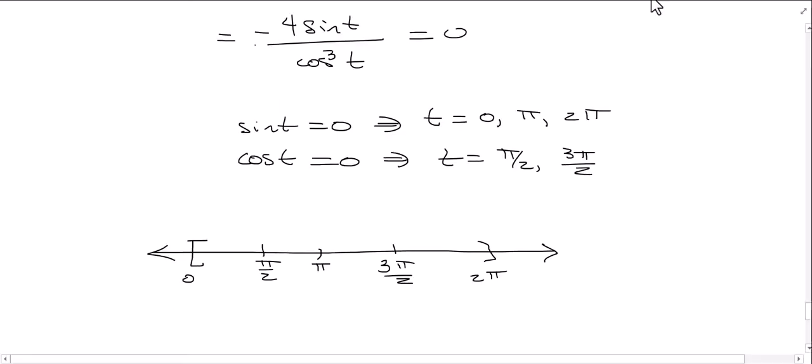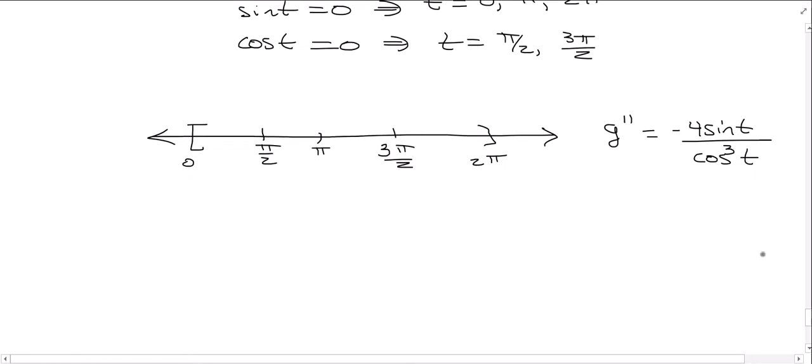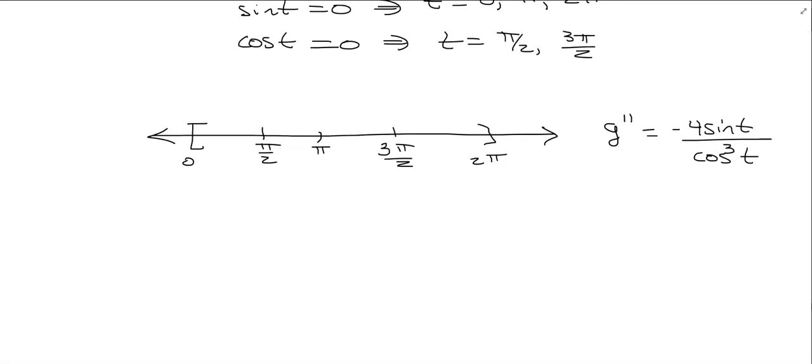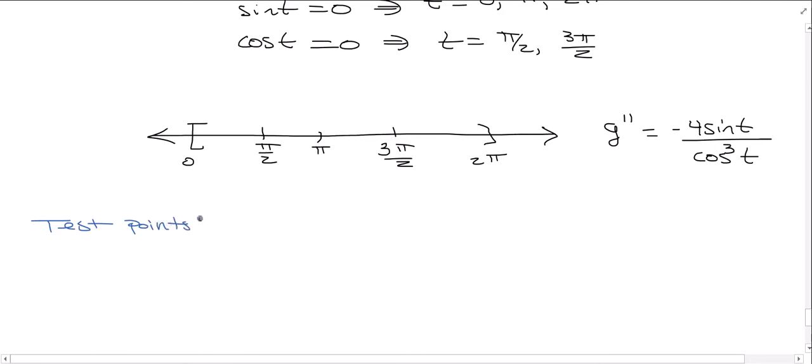And we are testing the second derivative. So g double prime is negative 4 sine t over cosine cube of t. Make sure I've written it correctly this time. And so now let's pick test points. And we're checking the second derivative and seeing what that means about the original function.